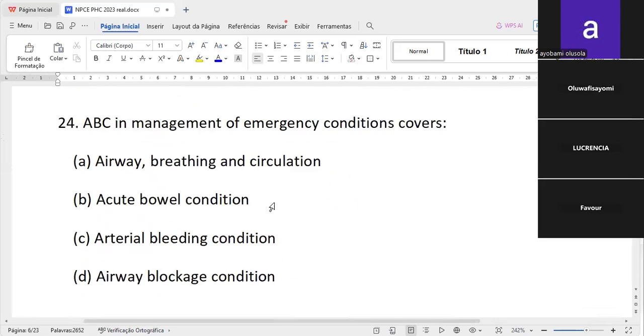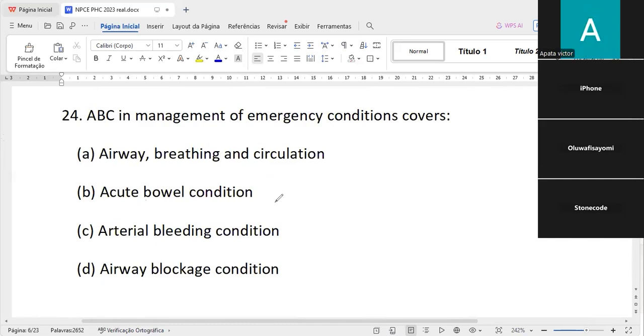ABC management of emergency conditions covers A: airway, breathing, and circulation. If there's an emergency, you must be sure that the airway of the person is clear, then that the person is breathing, and you must ensure circulation.